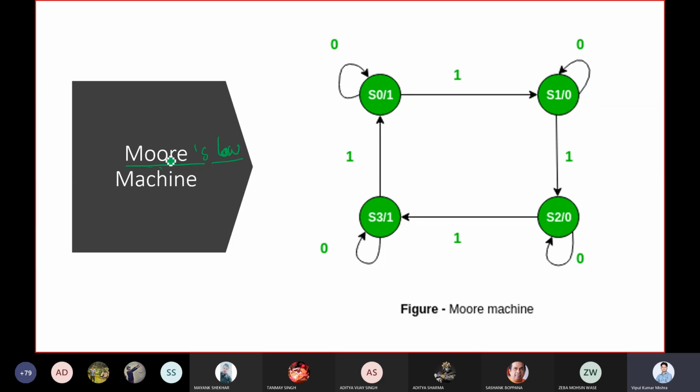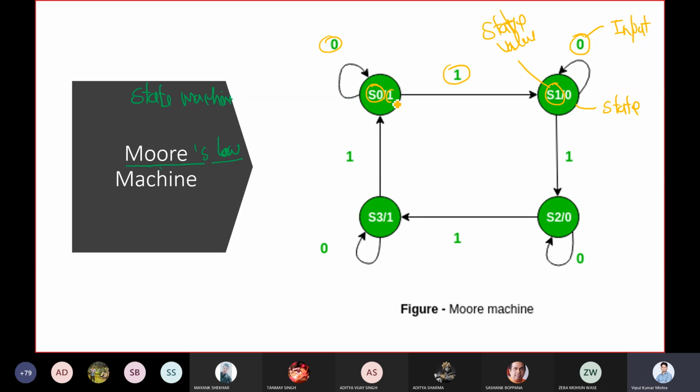Okay. Now this is the Moore machine. There are two types of state machine. This is one type. Here this part represents the state, these values represent the input, and these represent the state value.